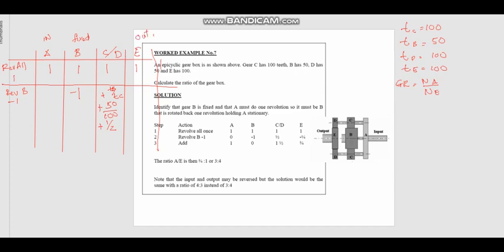C and D are connected together, and D is connected to E. So one rotation of D equals how many rotations of E?